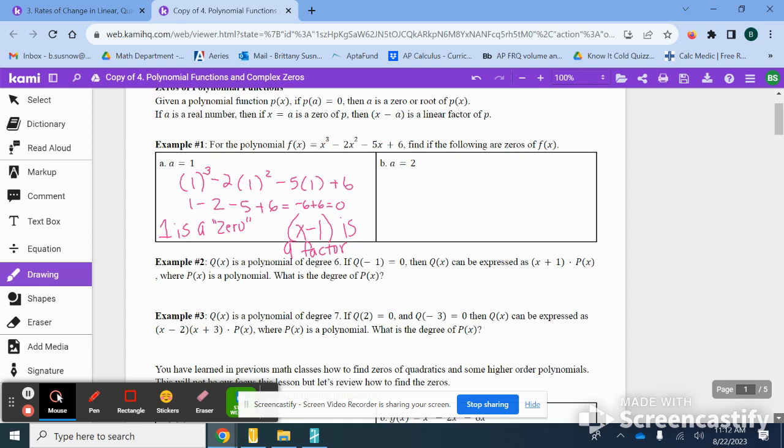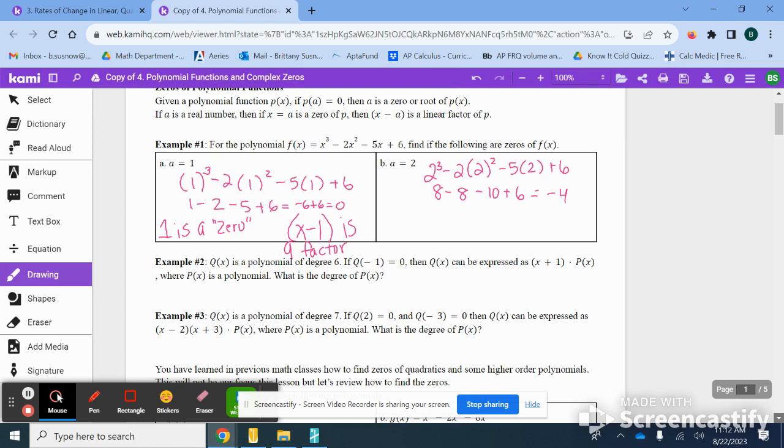All right. Let's check if 2 is a factor, or a 0, I should say. Plug it in. 8 minus 4 times 2 is 8, minus 10 plus 6. When I did that, I got negative 4.